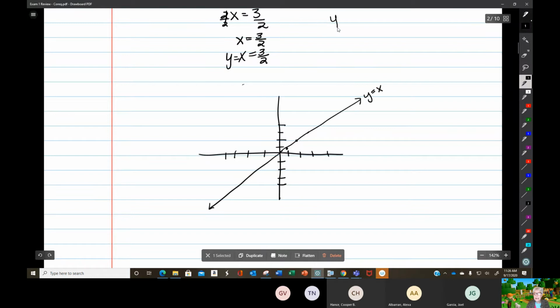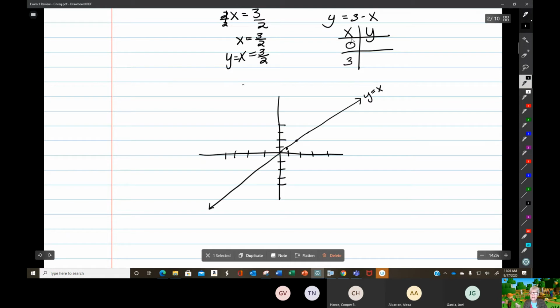But y equals 3 minus x, that one I'm not going to even try to do in my head. Instead, I'll make an XY chart because that's much faster than any other way. I can choose my x's when I do this. x is 0 and x is 3.